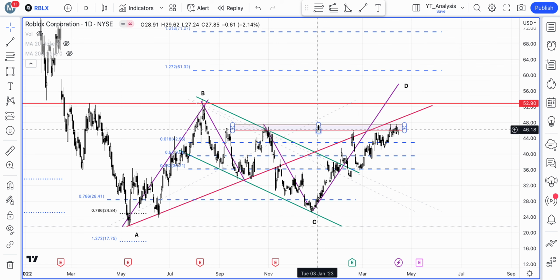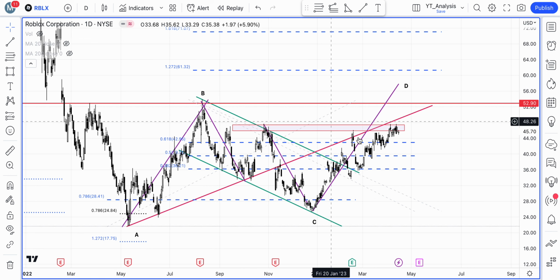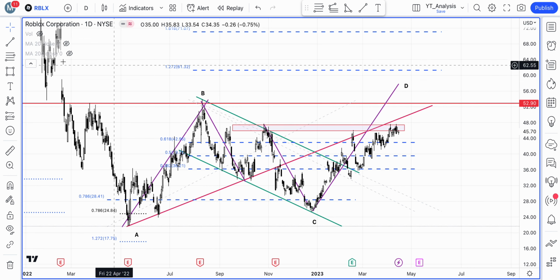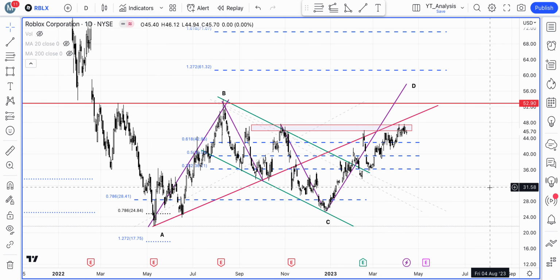It's right here in this zone which we had identified, and if it's able to successfully take over this, then the other structural resistance is around $53, coming from this point B. If it's able to take that, then the chances of it moving into this and closing this gap will increase. So this is what we are watching.